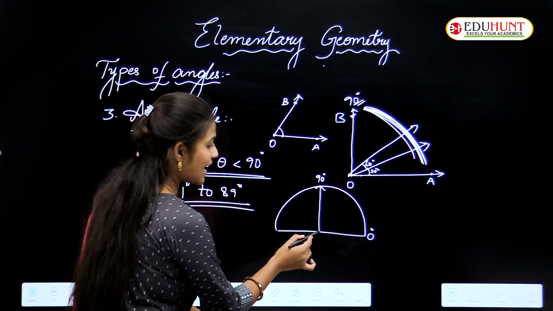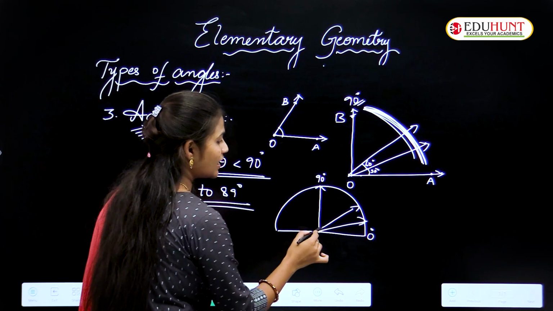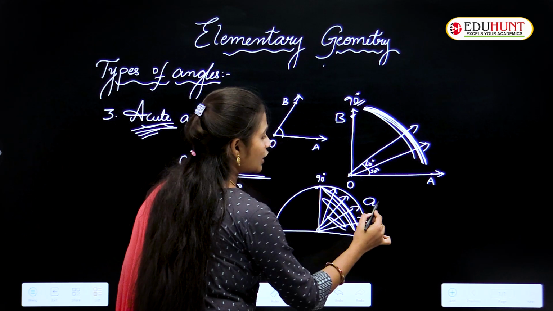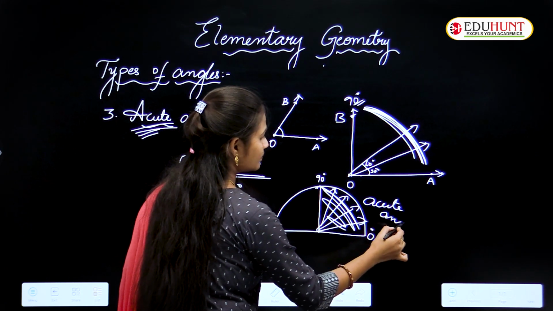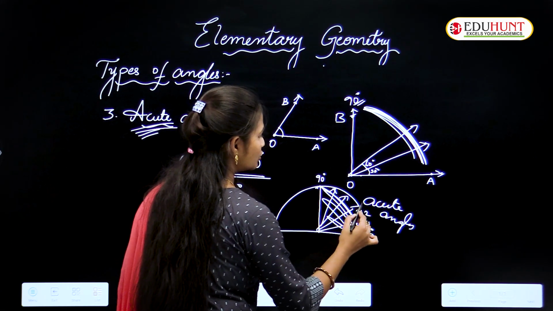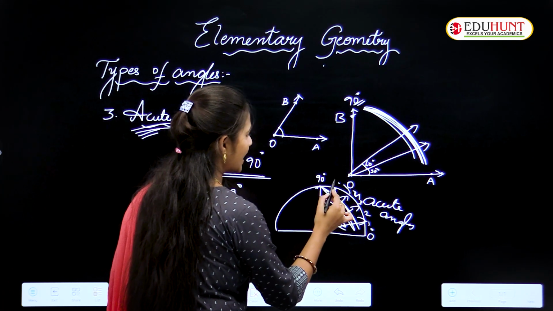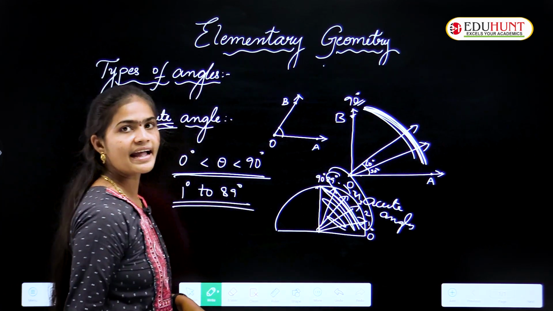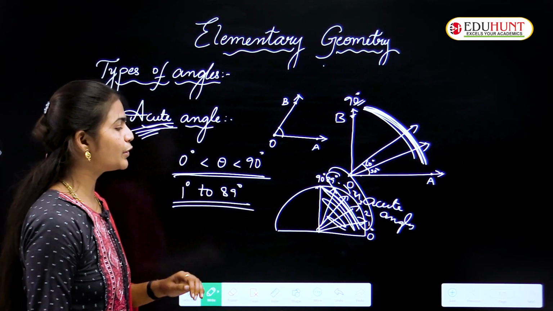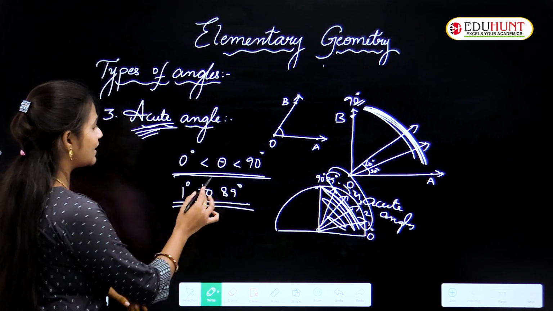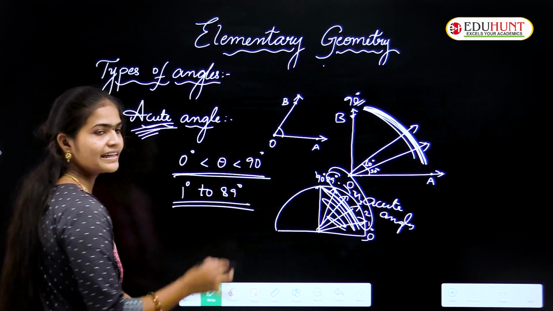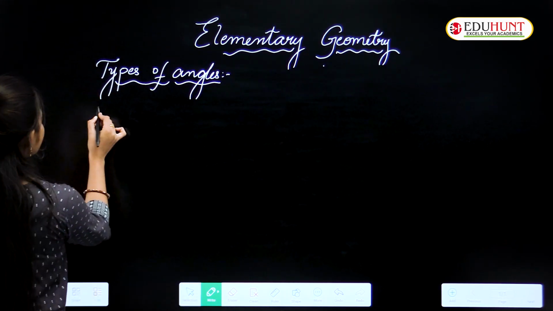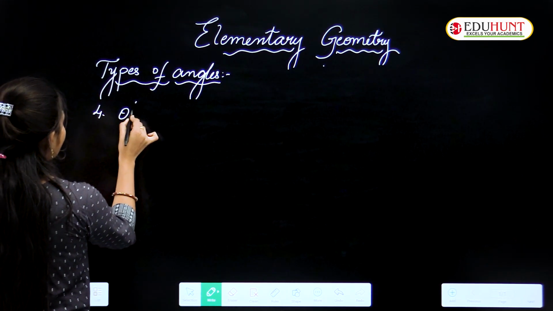So what I am saying is the angle which lies between 0 degrees and 90 degrees, we call all these angles acute angles. Here 1, 2, 3 like that we have so many angles up to 89. So 1 to 89, all angles we can consider as acute angles. That's why theta lies between 0 and 90 degrees. Is it clear?